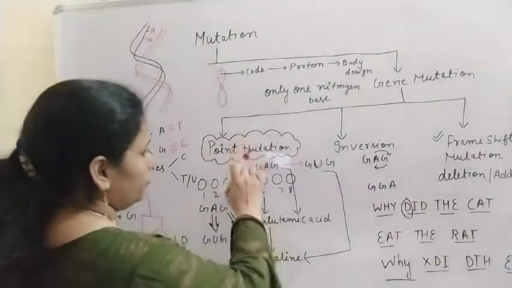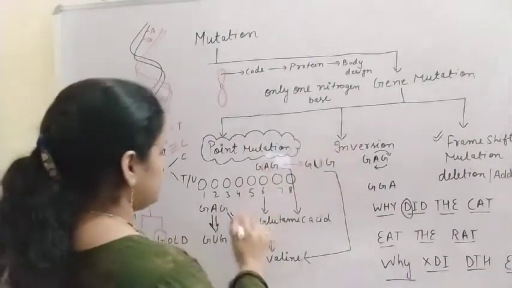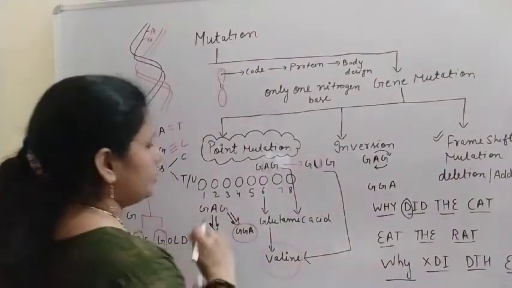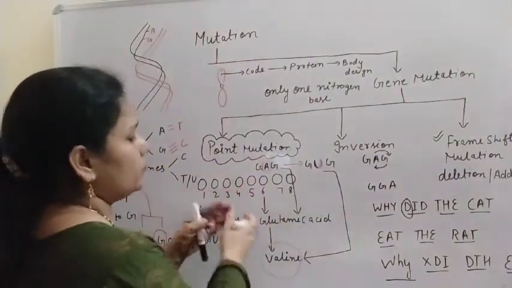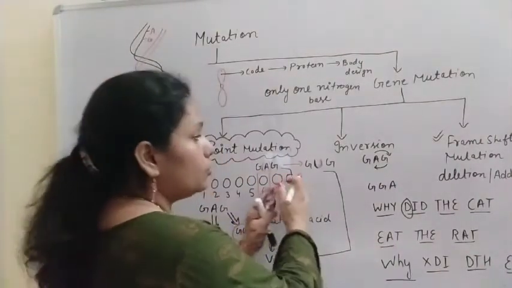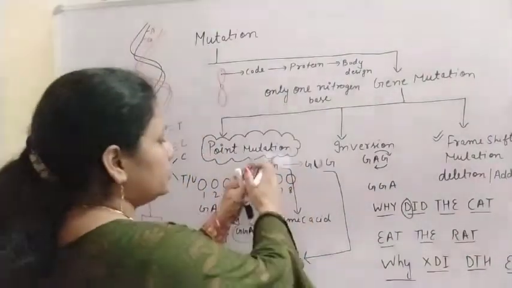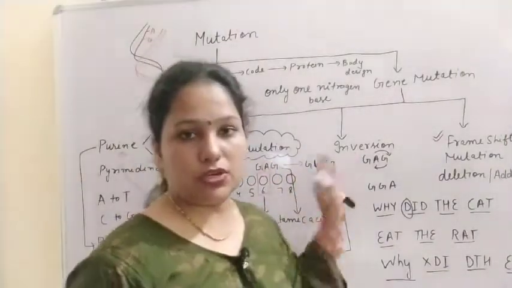In case of point mutation, GUG comes, and in case of inversion, GGA. But before this sixth position, up to 5, there will be no mutation. After this also there will be no mutation. Only this change is there in case of point mutation and inversion.